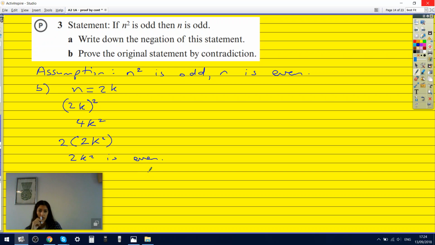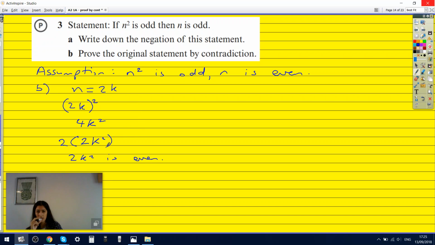Which contradicts the statement if n squared is odd, n is even. But n squared we just said is even, because 2k squared is even.